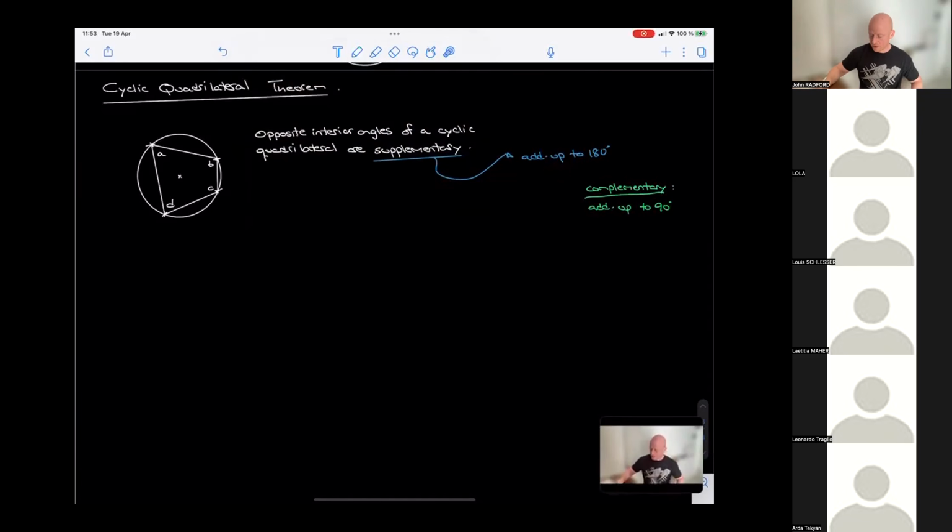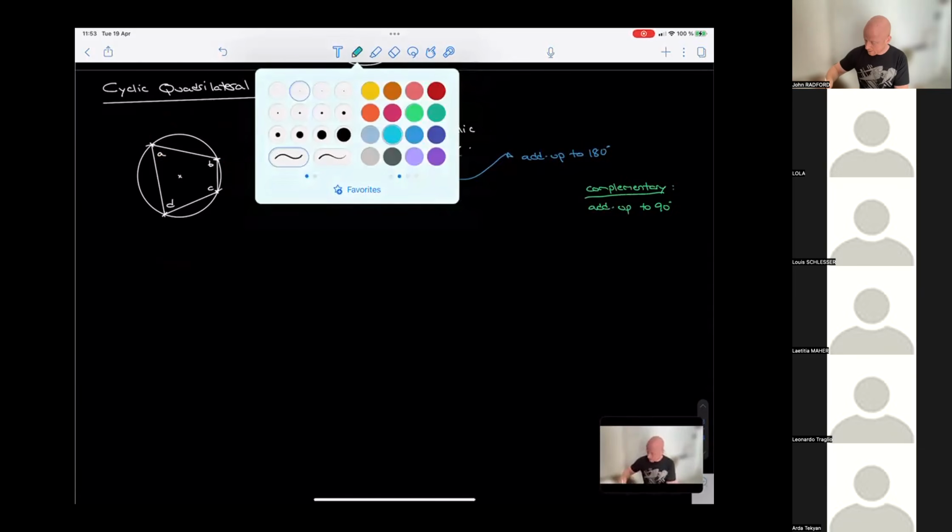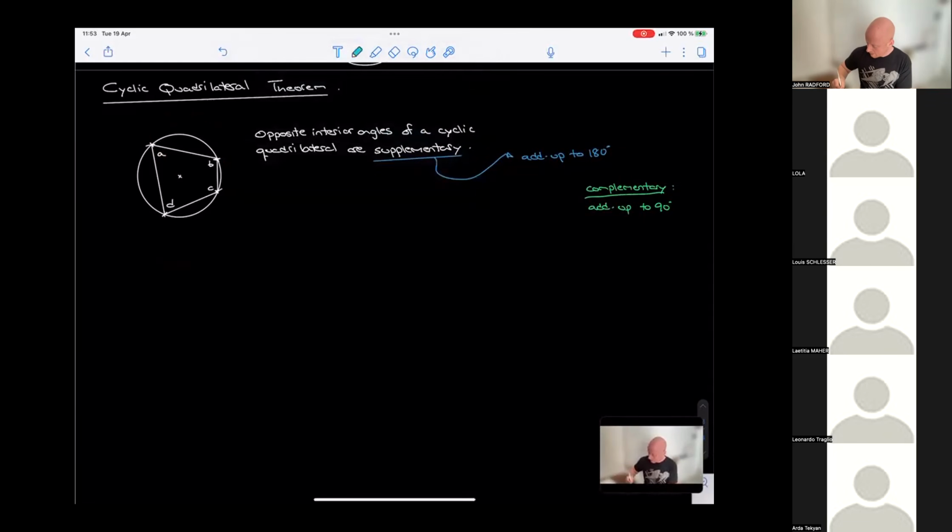Supplementary means they add up to 180 degrees. So back to our cyclic quadrilateral here, what that theorem actually means is, well, therefore, if I take any interior angle of a cyclic quadrilateral, it's supplementary to its opposite angle.